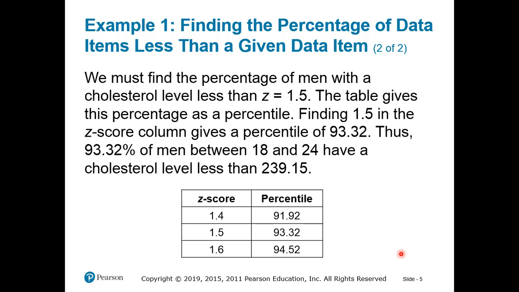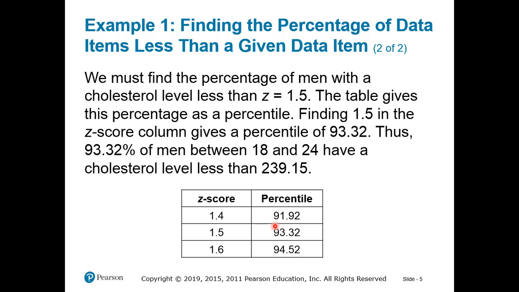We're going to use a percentile table, or z-score table. This table gives us the percentile for every single z-score. So this z-score is 1.5. If you go to the percentile table and look for the z-score of 1.5, it's going to tell you a percentile of 93.32%.